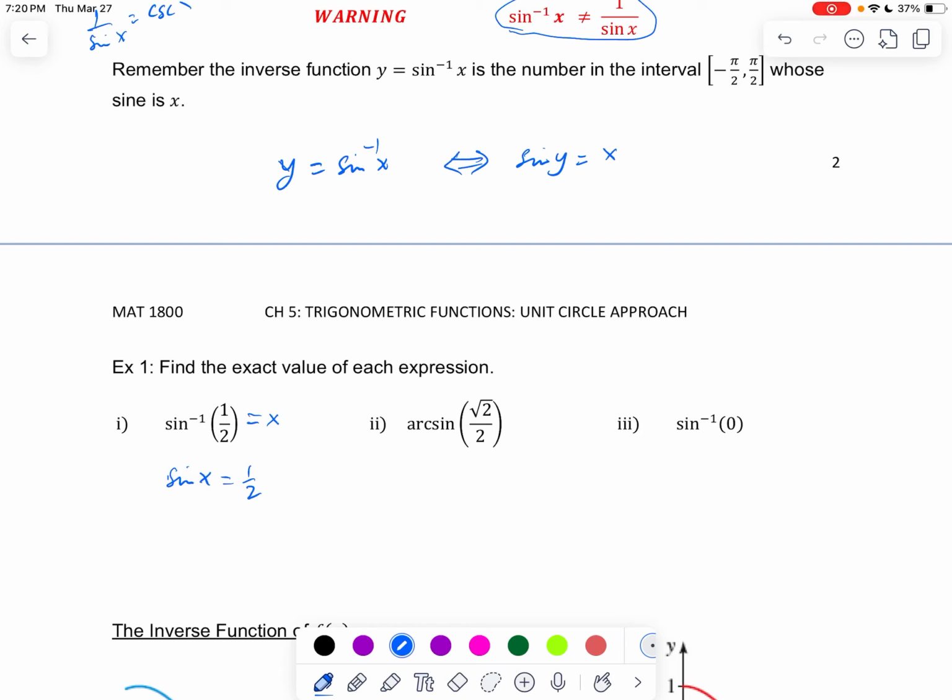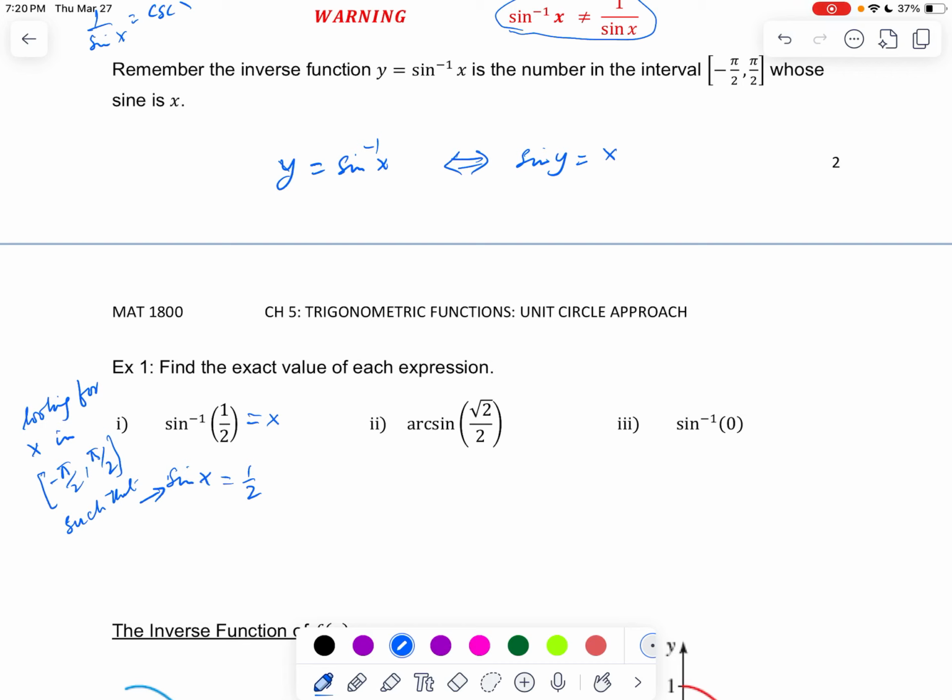In other words, we are trying to find a real number x in negative pi over 2 to pi over 2, such that the sine of that is equal to 1/2.